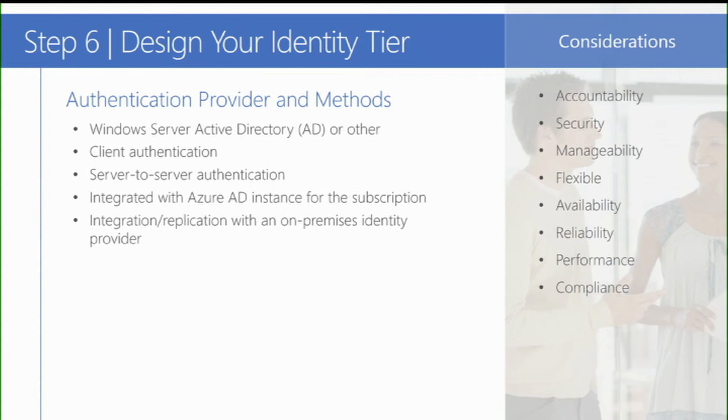Now let's transition to identity. And identity is going to be typically a pretty big topic when customers go to the cloud for the first time. When you think about your application and a customer is bringing a new line of business application in Azure and they want to use a modern identity store, then they can use Azure Active Directory.